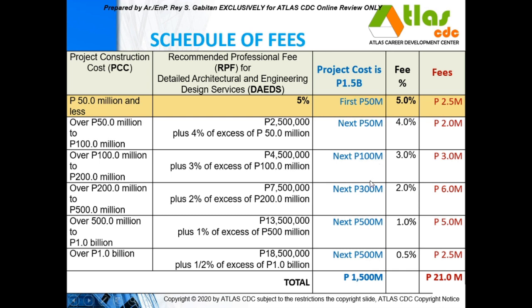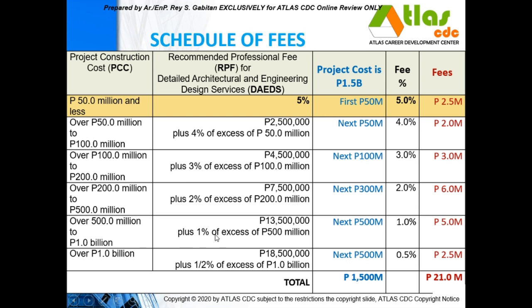So the next range, 200 to 500, is 300 million range. So this is to be computed at 2%. So 2% of 300 is 6 million. And so the next one, 500 million to 1 billion, the range is 500 million computed at 1%.